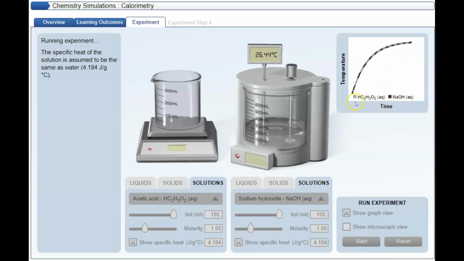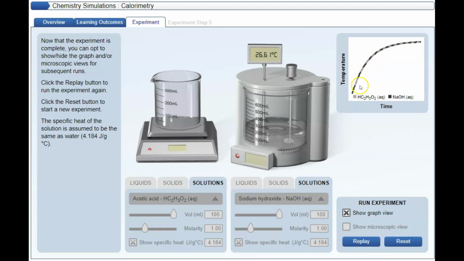But this is important because if you look at the calculations we would do at this final temperature of 26.61, for the calculations, you would combine the masses. Right? I know we have volume here, but we could easily find the mass of each of those. This is a solution calorimetry problem. We're going to do hopefully a lab with solution calorimetry.